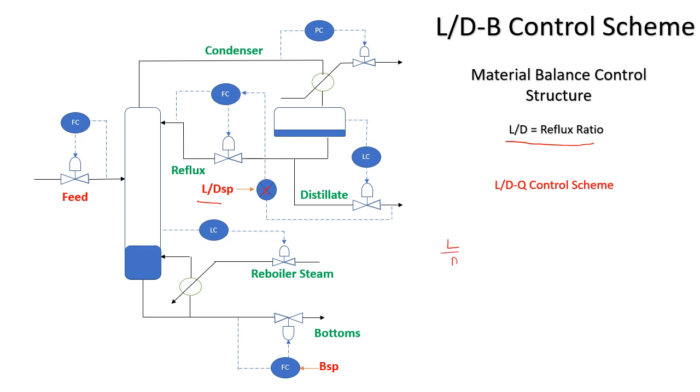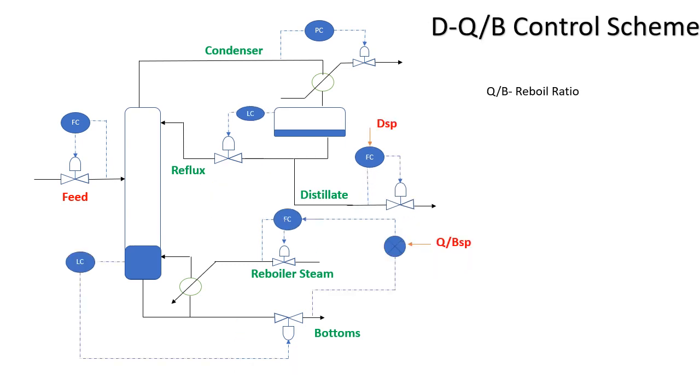The operator gives the L by D set point and it gets multiplied by the actual value of the distillate, so it gives you the reflux set point. Ultimately this reflux set point, this L set point, comes to here, right? In many cases the operator wants to control the system by reflux ratio. In that scenario, this kind of control can be used.